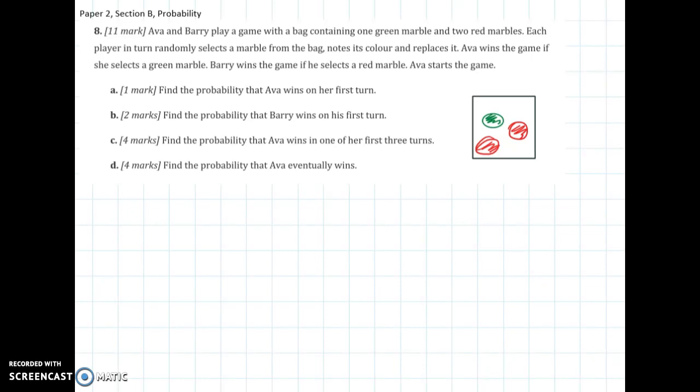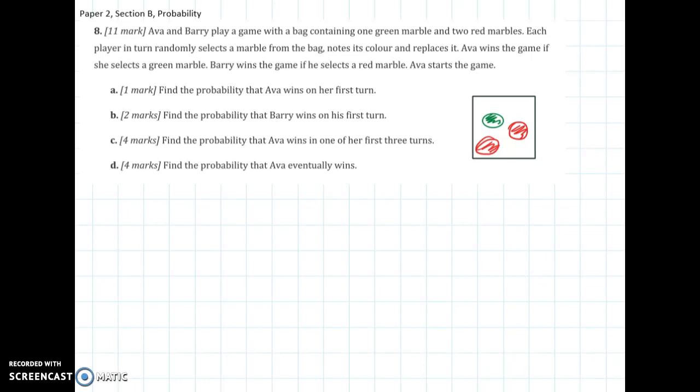So that's very important. The game is with replacement, so each time there will be again one green and two red marbles. Eva wins if she gets a green marble, and Barry wins if he gets a red one. And Eva is the first one to start the game.